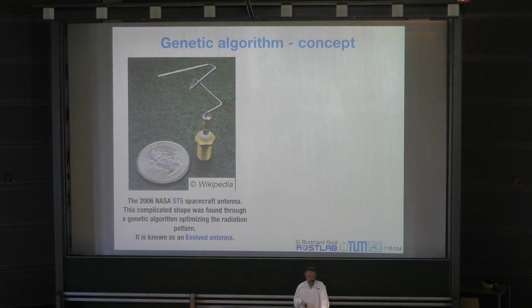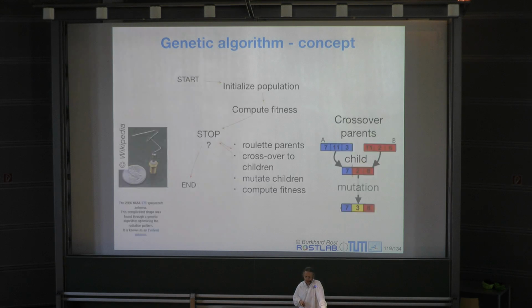So here's one example for a genetic algorithm that in fact optimizes the shape of this antenna. And the way you do it, you have a bunch of events. So in this particular case, these are the two parents, the child, and you take some from here and some from there. Okay? And then you mutate. Those are the simplest rules in which you can do the genetic algorithm.